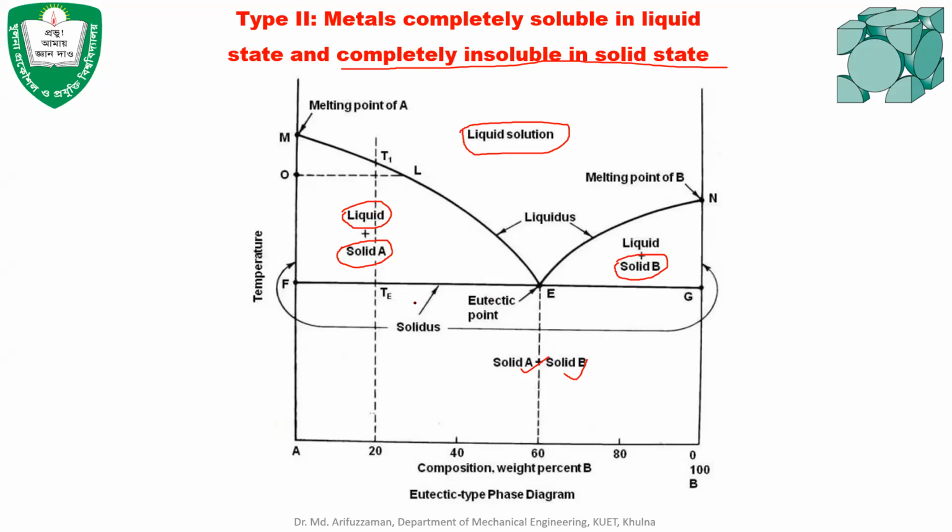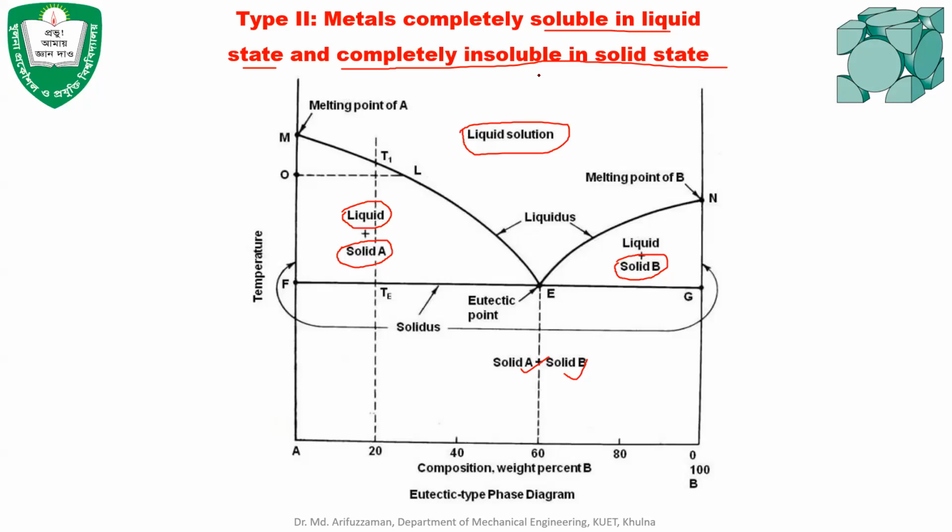Okay, so according to the base rule of type 2 diagram, it says that metal is completely soluble in the liquid state, but completely insoluble in the solid state. That means whenever a solid is formed, that solid will not contain A and B both.